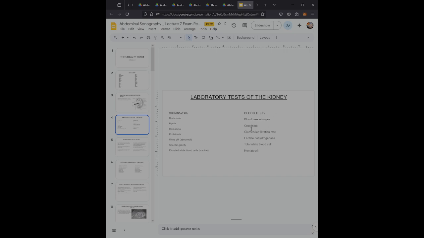Creatinine increases are associated with renal failure and chronic nephritis. The glomerular filtration rate, if it is normal, is between 60 and 90, but no less than 30. Lactate dehydrogenase increases indicate renal infarction or chronic renal disease. Total white blood cell count is an indicator of inflammation, and hematocrit is an indicator of hemorrhage.